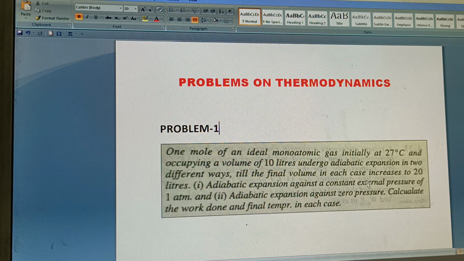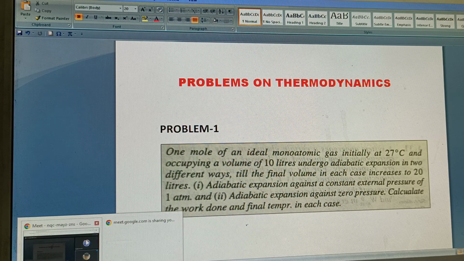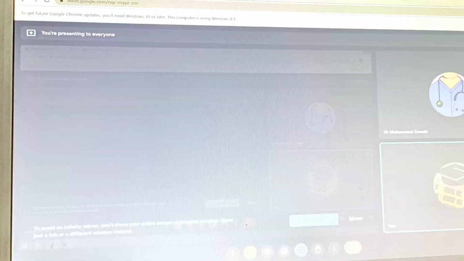Adiabatic means no heat exchange between the system and surrounding. Here the number of moles is 1, and the gas is ideal and monoatomic. So at first you have to write the data.